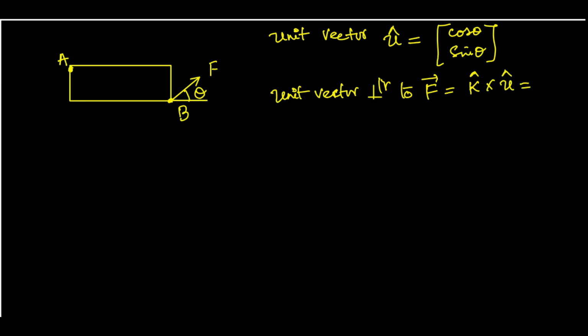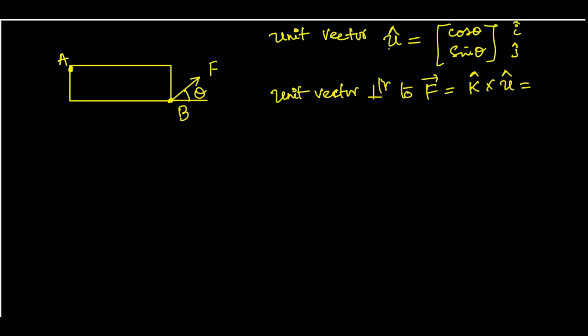This is cos theta i cap plus sin theta j cap. We are just writing in vector notation or column vector notation.